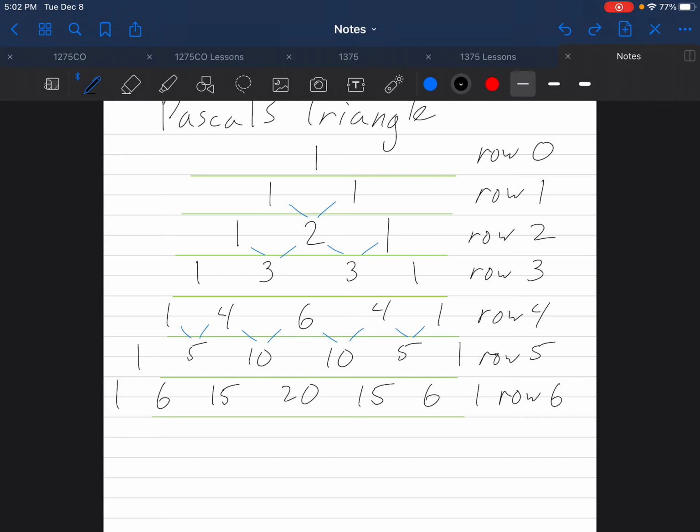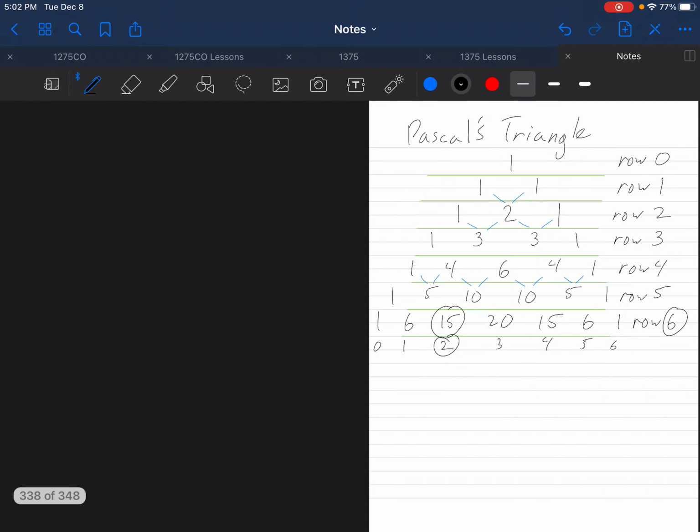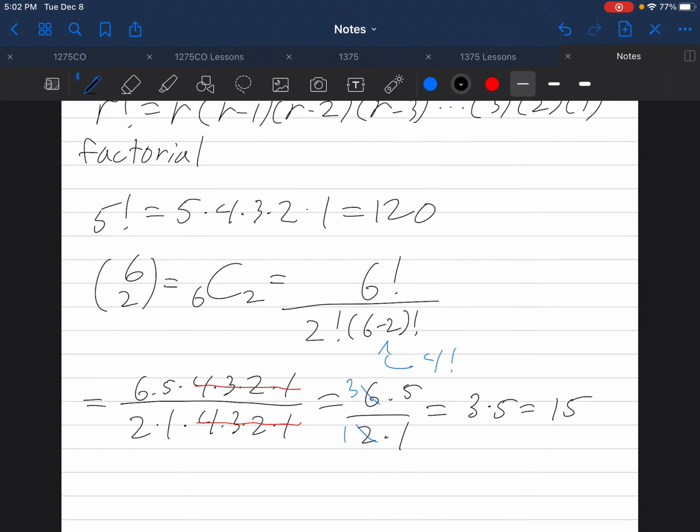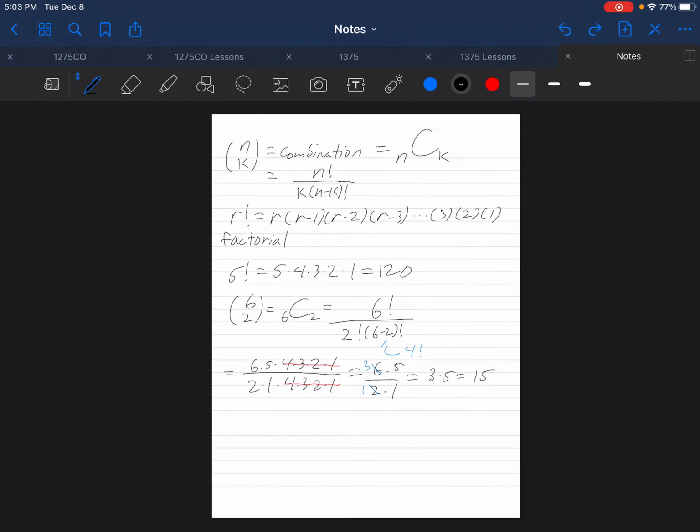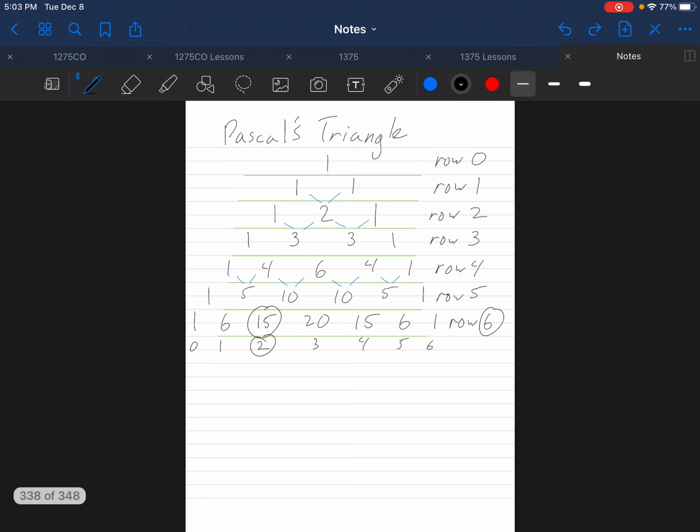In addition to that, if we call this 0, 1, 2, 3, 4, 5, 6 terms in here, 6 choose 2 ended up equaling 15. Remember when we calculated this, either calculated it by hand or we put it into the calculator. 6 choose 2 was equal to 15. So again, there is another correlation there between these numbers.